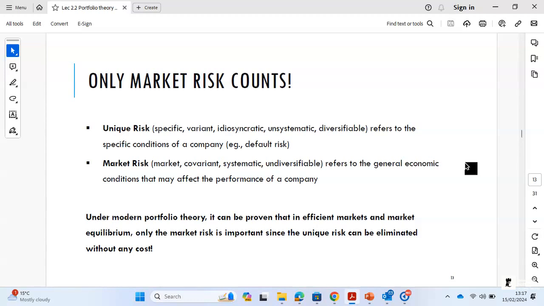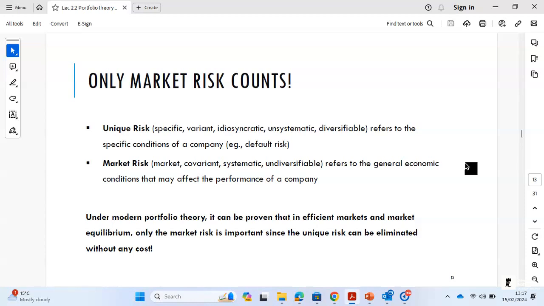But if you decide to take on the risky firm, which is debt finance, should you be compensated for holding a firm that has higher risk simply because it has leverage in it? No, because it's your choice. You'll only be compensated for the systematic component of the risk and not the unique component of the risk. And the reason is quite simple.